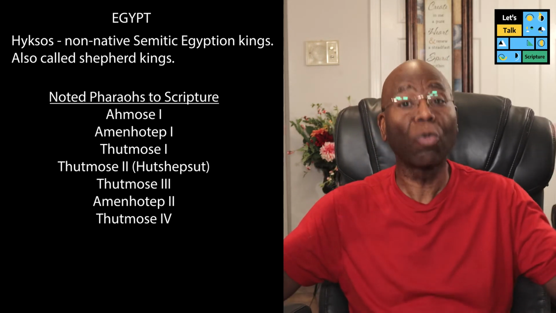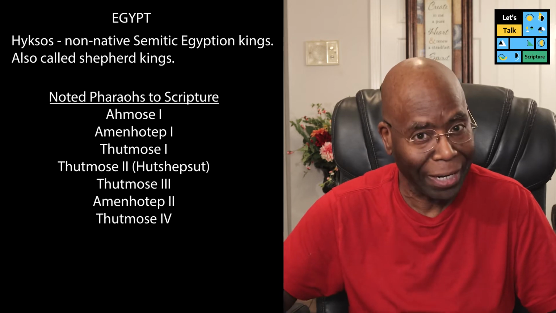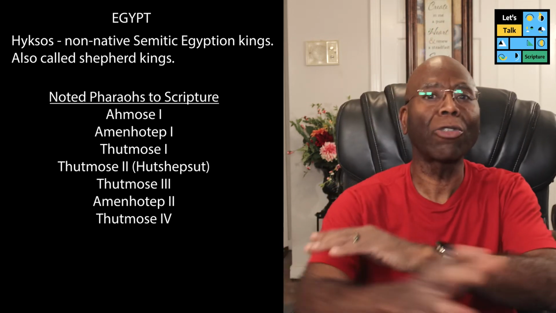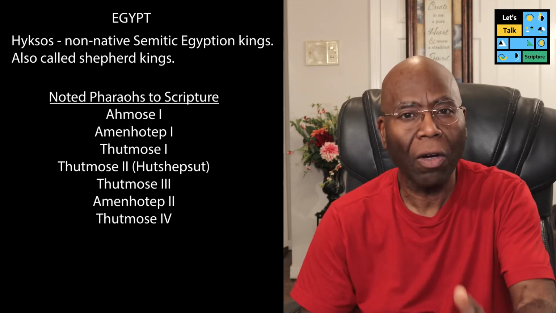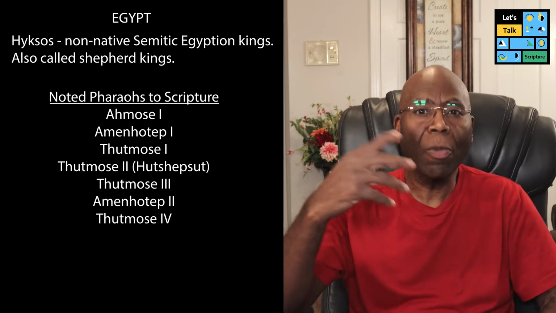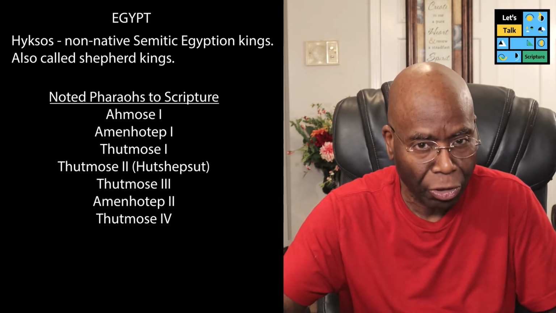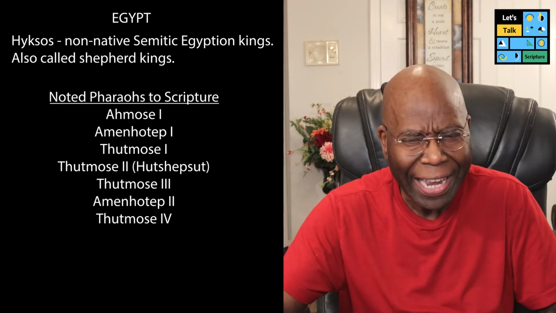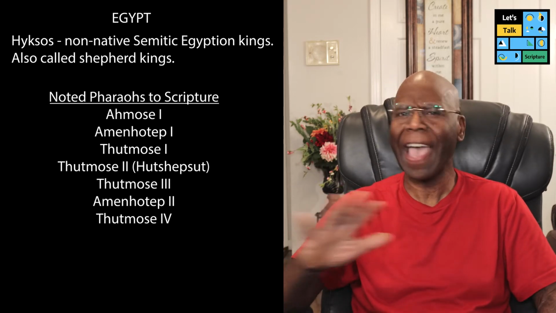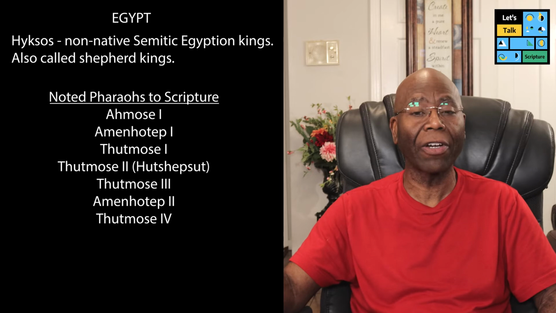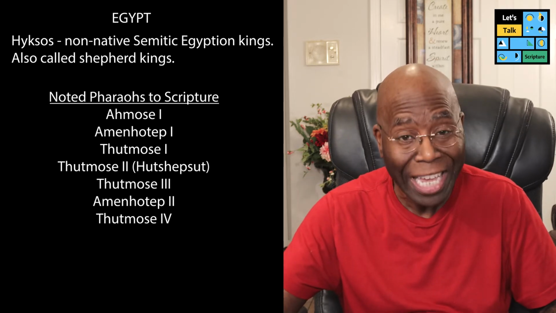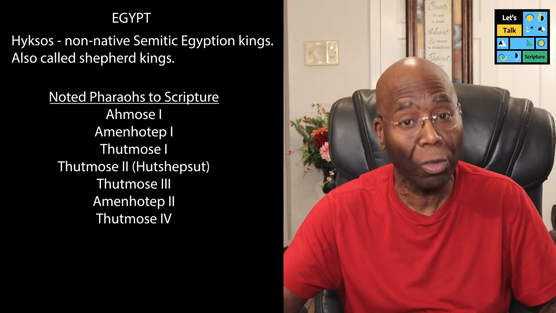Basically, she was ruling over Egypt. Okay. And so she ruled over Egypt. Thutmose the third, he is the male rightful ruler, but he was too young.